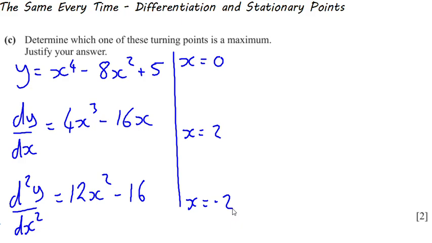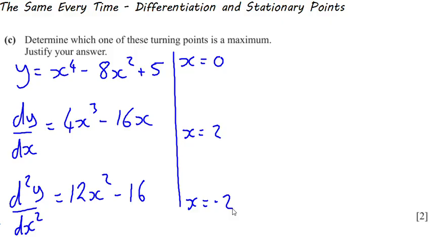And you should remember that we can find out if they are maximums or minimums by putting those x values into the second differential. If I get a number which is bigger than 0, a positive number, then it's a minimum. If it is less than 0, a negative number, it is a maximum.